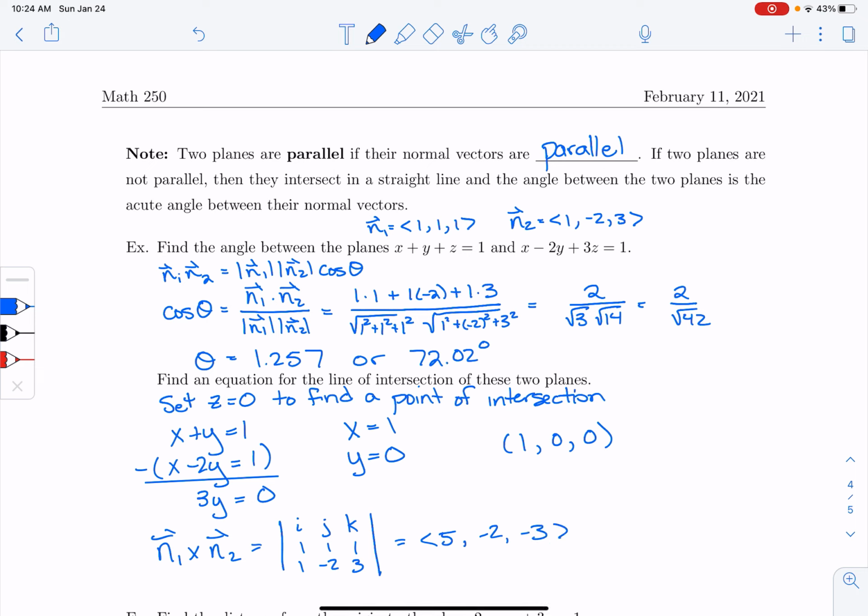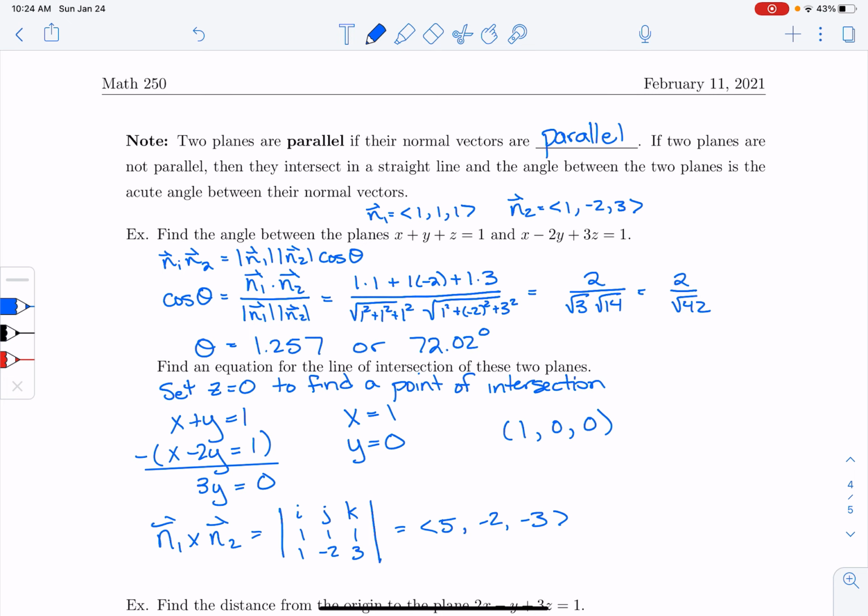So now, if we found a perpendicular vector to both normal vectors, then that's going to be the direction of our line of intersection. So the equation for our line of intersection needs to be a point. That point is going to be (1, 0, 0).